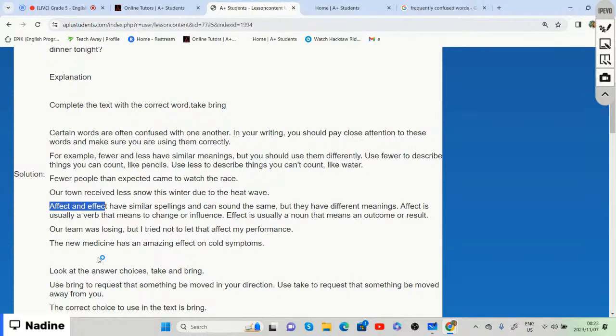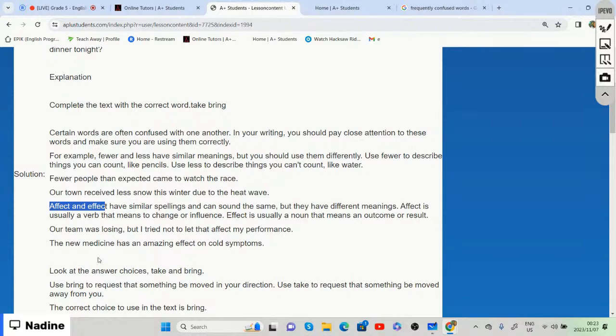They can also sound the same, depending on how you say it. If I say affect and effect without stressing the words, it will basically sound the same.